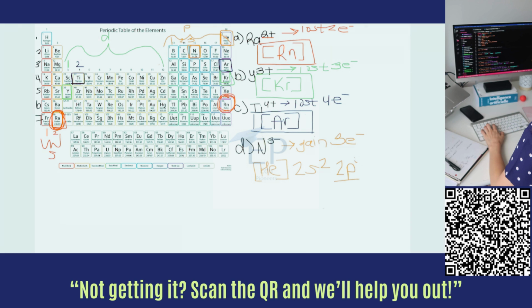So 3 plus 3 is going to be 6. So this is our new electron configuration. Technically this is correct, but we can also rewrite this as the abbreviated noble gas configuration of neon, because it has the exact same number of electrons as neon. And this will be our final answer.